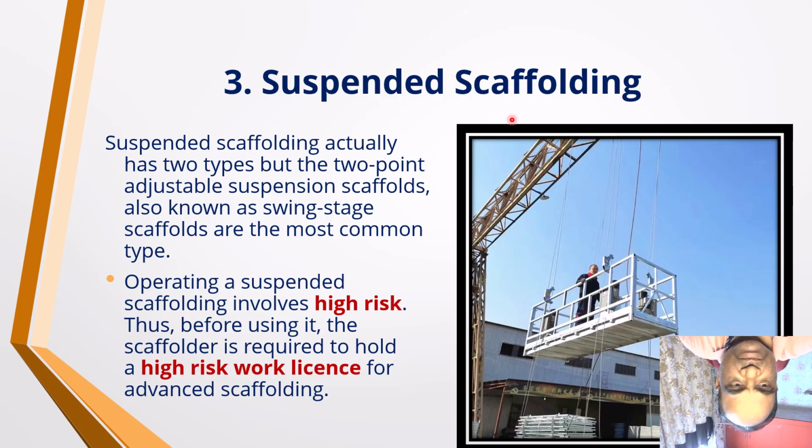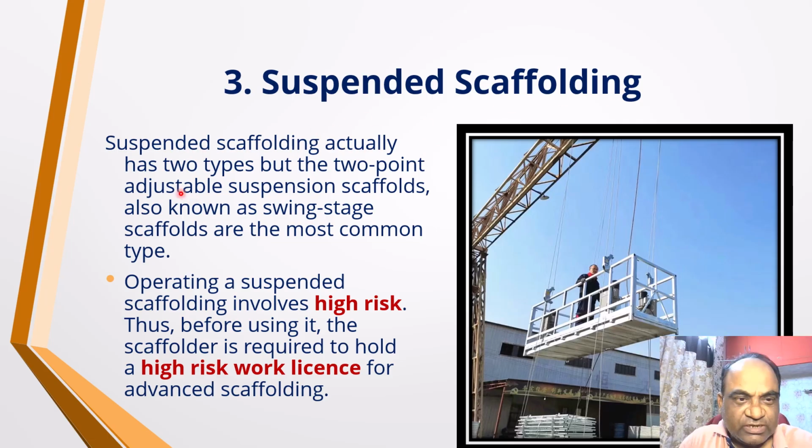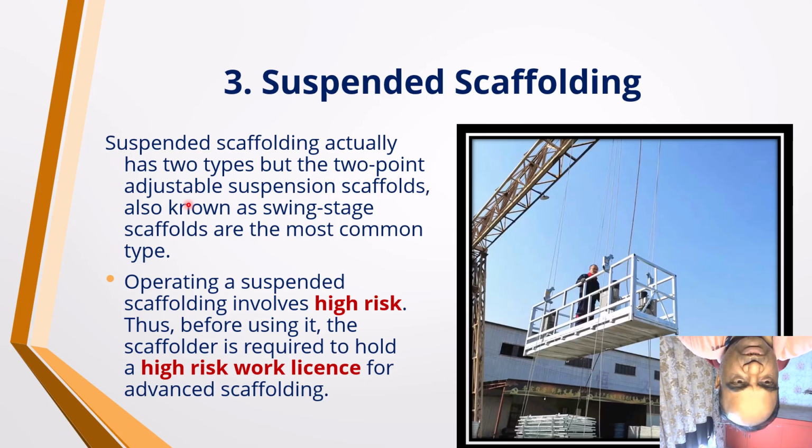Suspended scaffolding actually has two types, but the two-point adjustable suspension scaffold, also known as swing stage scaffolding, is the most common type of suspended scaffolding. Operating a suspended scaffolding involves high risk because there is a danger of falling.